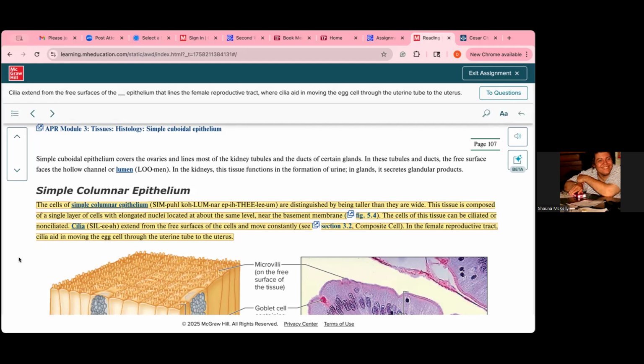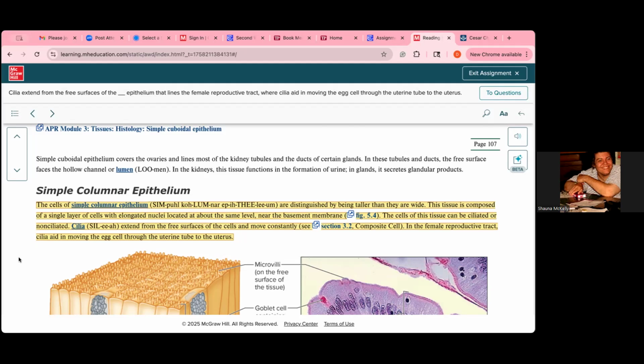This tissue is composed of a single layer of cells with elongated nuclei located at about the same level near the basement membrane. In figure 5.4, the cells of this tissue can be ciliated or non-ciliated. Cilia extend from the surfaces of the cells and move constantly. In the female reproductive tract, cilia aid in moving the egg cell through the uterine tube to the uterus.